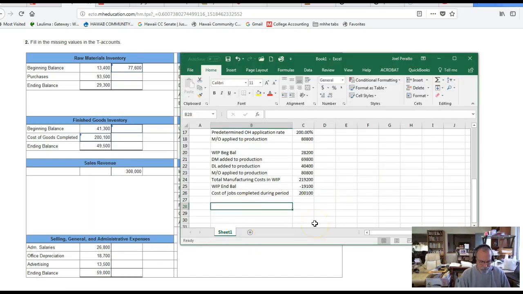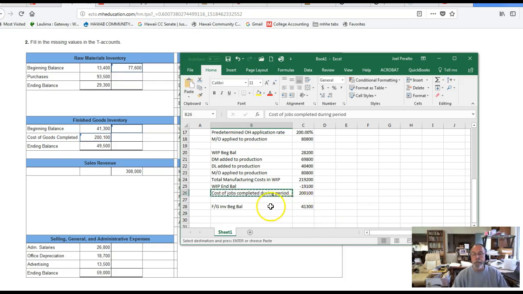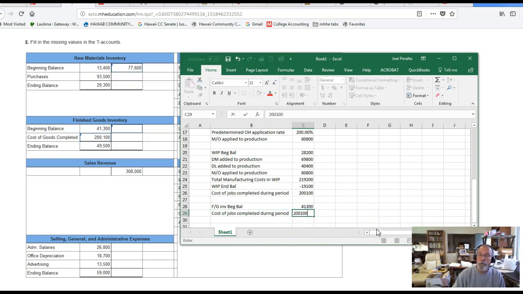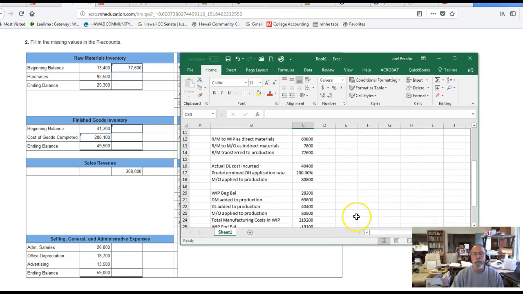And again, let's take the time to show that on our Excel spreadsheet. So our finished goods inventory beginning balance is 41.3. And then our cost of jobs completed during period is 200,100.